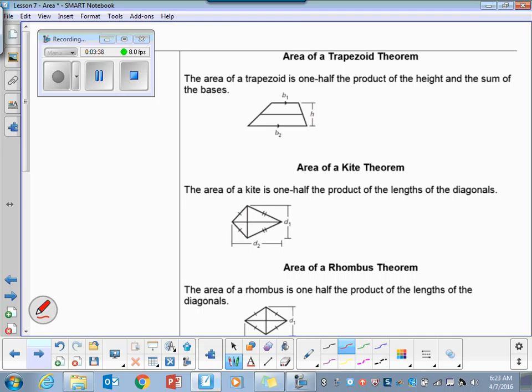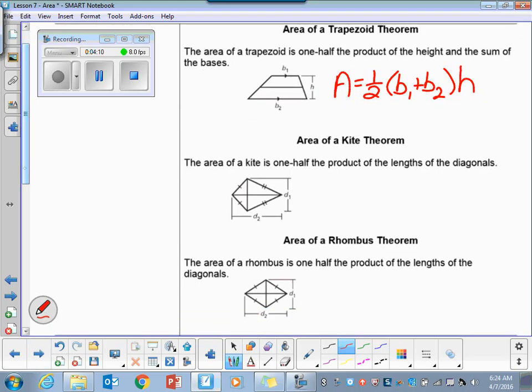Area of a trapezoid, capital A, equals 1/2 (base 1 + base 2), the sum of the bases, multiplied by the height. Okay, so don't forget that the height of a trapezoid is not a leg unless it's a right trapezoid. So watch that. Height has to be perpendicular.